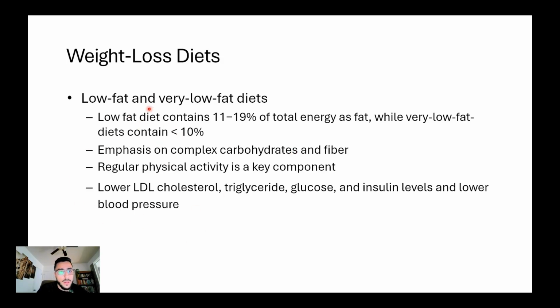Usually a weight loss diet will contain about 11 to 19% of fat. I mean, the total energy from the diet that comes from fat is usually 11 to 19%. So the AMDR is what I'm talking about, while very low fat diets contain less than 10% of fat.